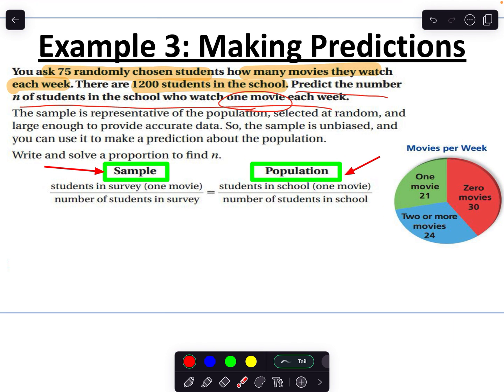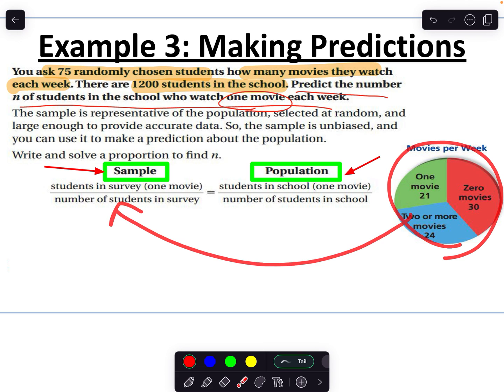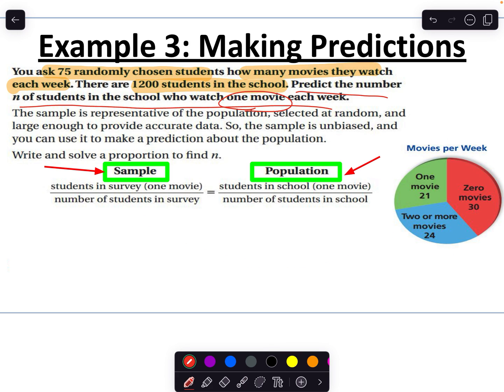So when you make a prediction using a sample, you set up a proportion. One ratio is going to be all about the sample, and the other one's going to be all about the population. So if we surveyed 75 people, these are the results right here in this pie chart. This plus this plus this is 75, right? These are my survey results. So this information is going here in this first ratio.